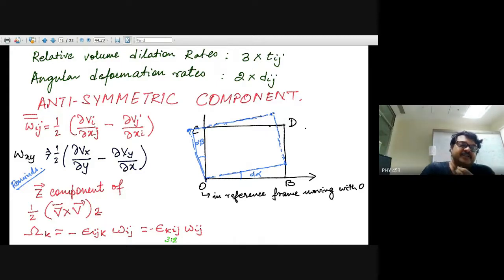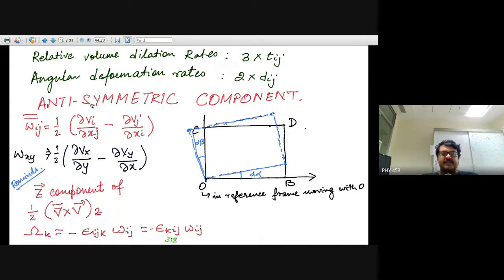And so we will show that the z component, suppose, of the curl of v can be written as minus epsilon ijk, the Levi-Civita symbol which we discussed last week, into omega ij, which is this, right? And that will give us the angular aspect, the curl of v, which comes with a minus sign. So how do we get it?